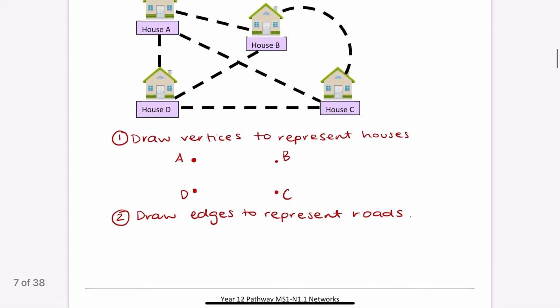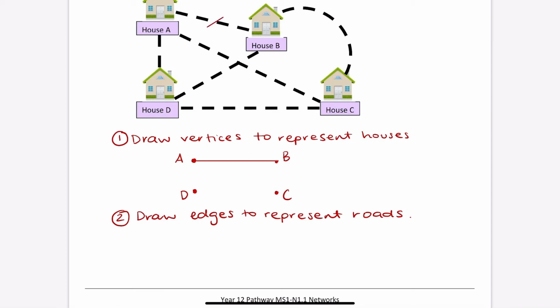Then your next job is to draw the edges that connect the vertices using straight lines. So A and B are connected through this line here. Let's connect those, using a straight line. So that one's gone.